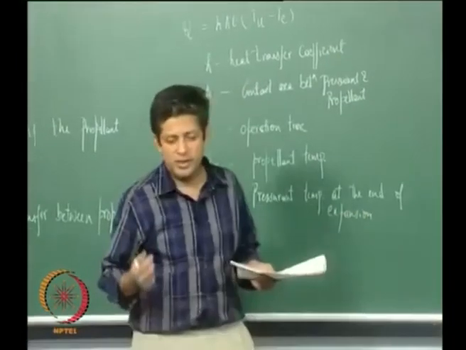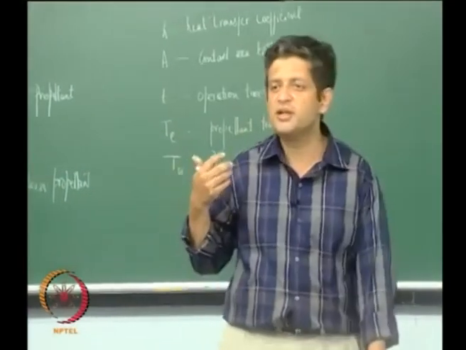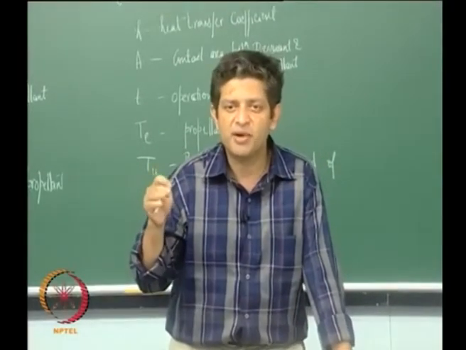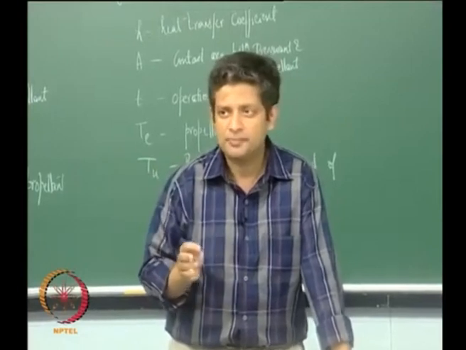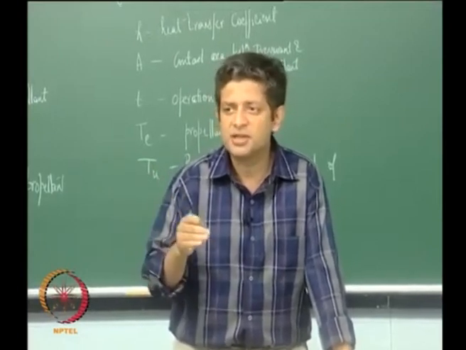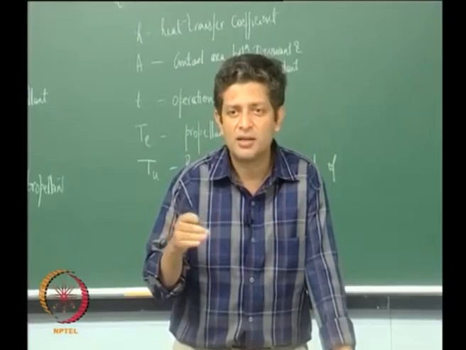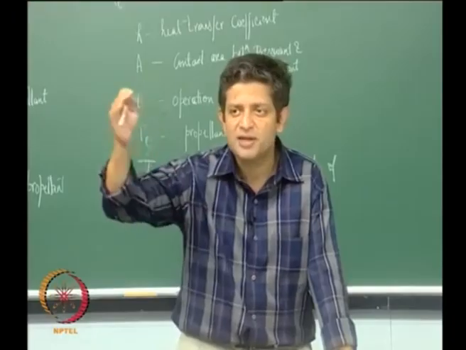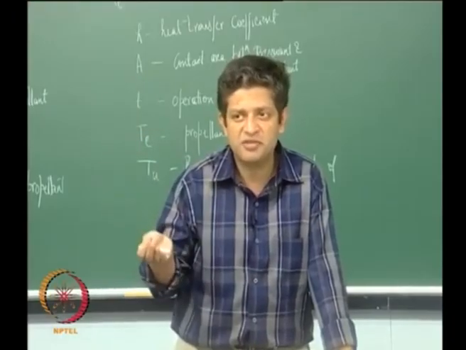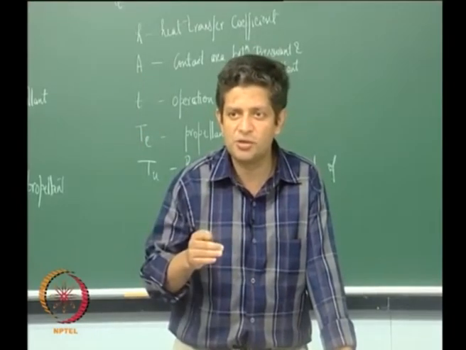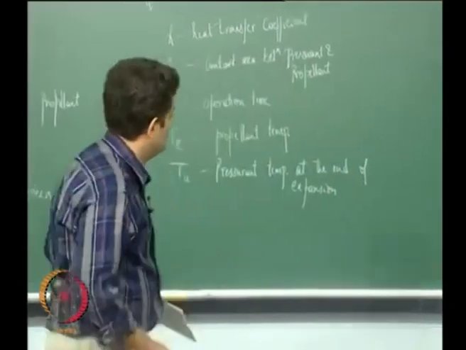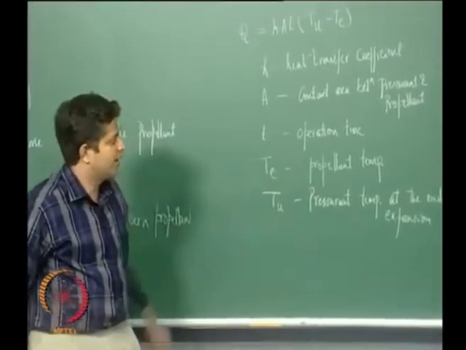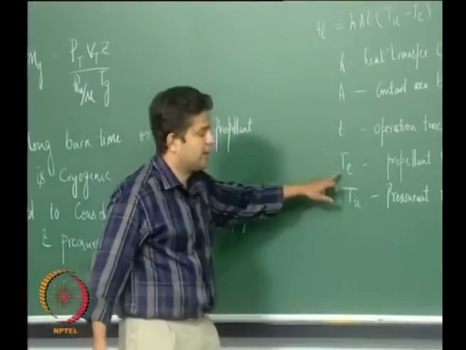Now please remember that we are putting the pressurant at a very high pressure in the gas bottle. It is around 350 bar, but in the tank the pressure comes down to something like 30 to 40 bar. So there is an expansion that is happening between 350 and 30, and because of which the temperature will also drop. So this temperature accounts for that. Okay. And TE is the propellant temperature.